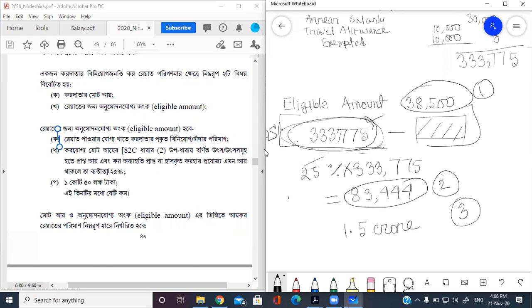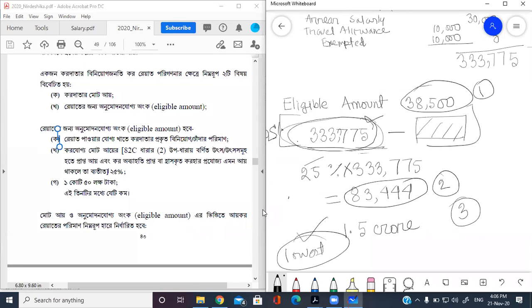This number has been selected by the income tax authority based on their preference, based on their own analysis. So among these three, which one you should take? The lowest one. Have you got it?